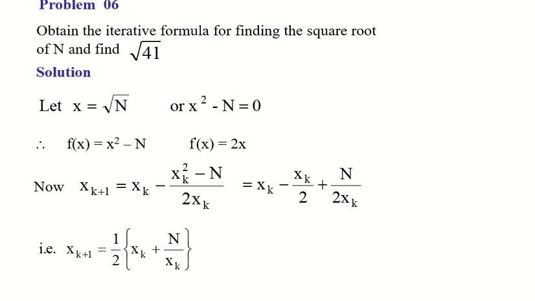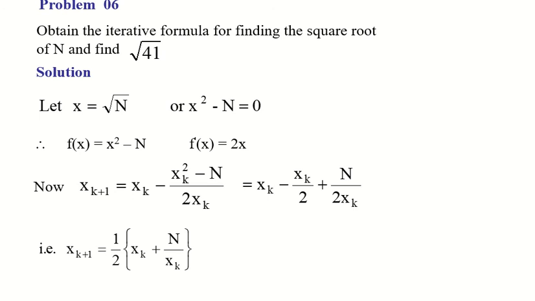To get rid of the root, you can square: x square is equal to n, or x square minus n is equal to 0.